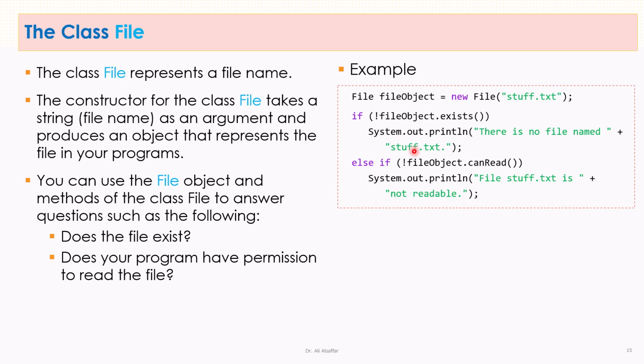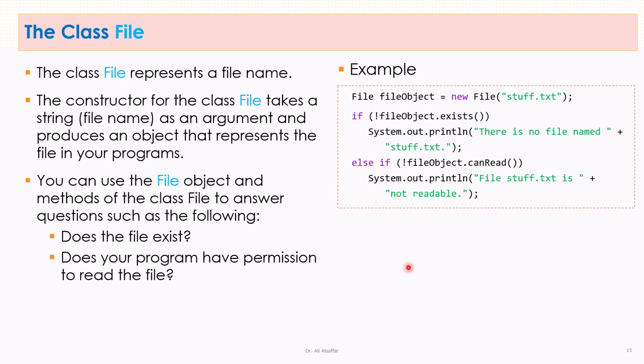In the else statement, we are also using a Boolean method defined in the File class called canRead. This method tells us whether the file is readable or not. If it returns true, then the file is readable, otherwise the file is not readable. So if the method returns false, a message is printed: file stuff.txt is not readable.